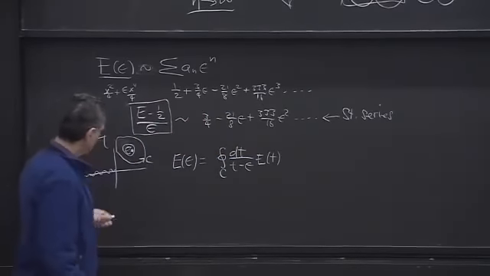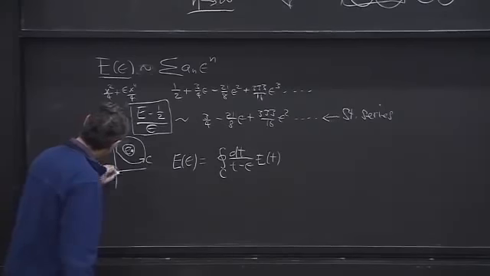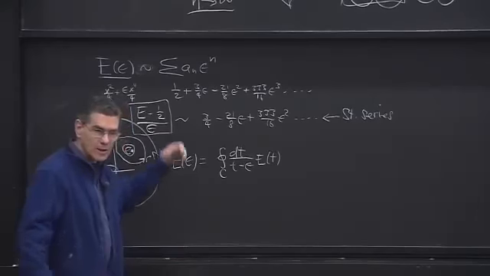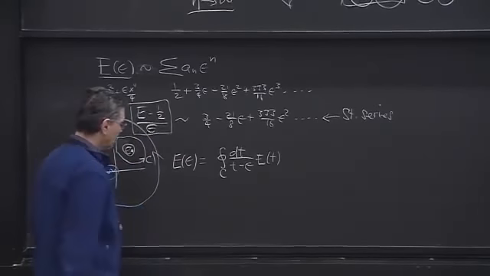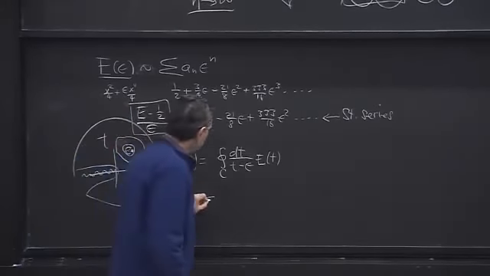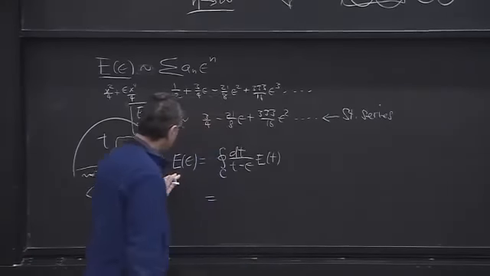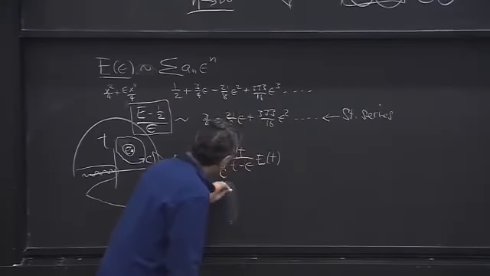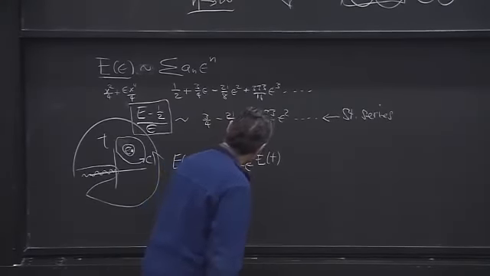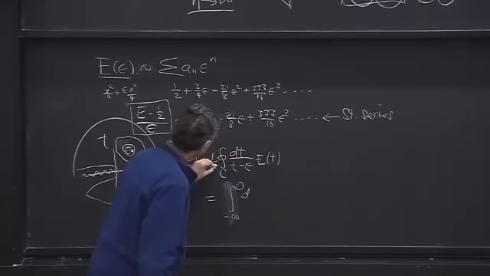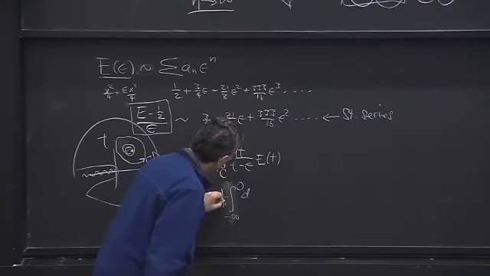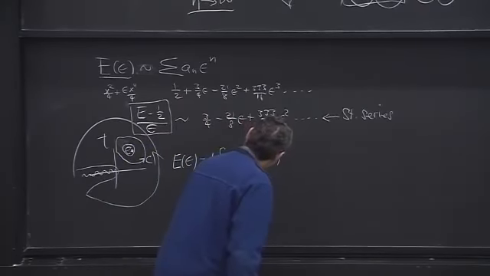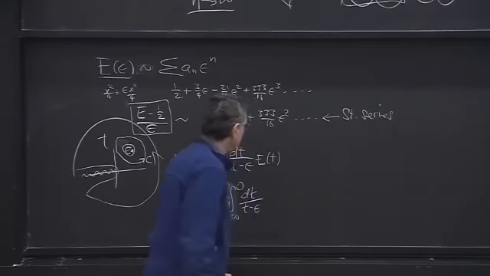Just as we did last time, we can push this contour around like that and let this go off to infinity. And so you can show that E of epsilon can be written as an integral from minus infinity to 0, and there's a 1 over 2 pi i here, times dt over t minus epsilon.